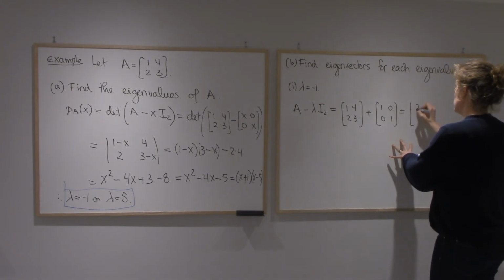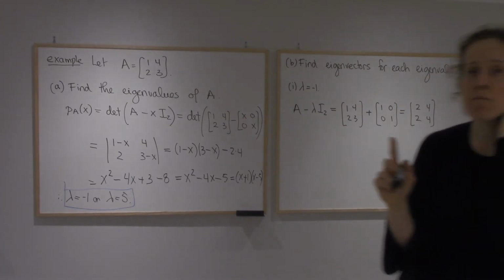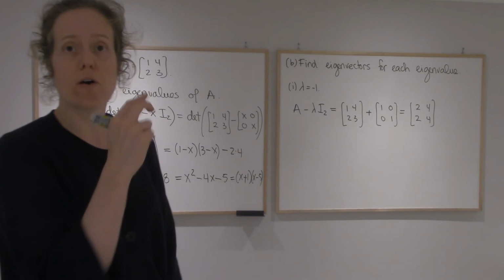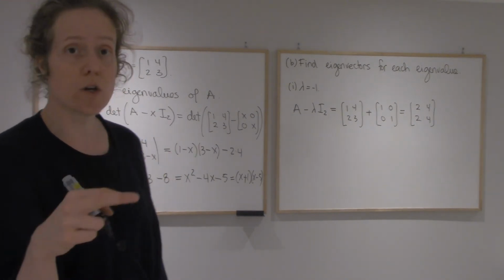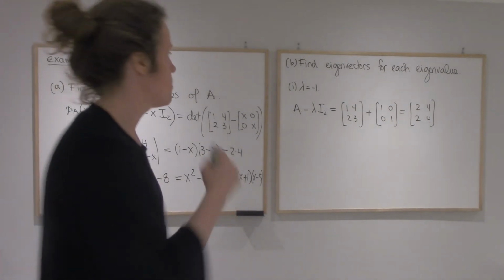So that would be 2, 4, 2, 4. Now, each time you do this, you should be getting a matrix which doesn't have an inverse. 2, 4, 2, 4, the rows are parallel, no inverse. Perfect. Now, I want to find a vector in the null space of this.